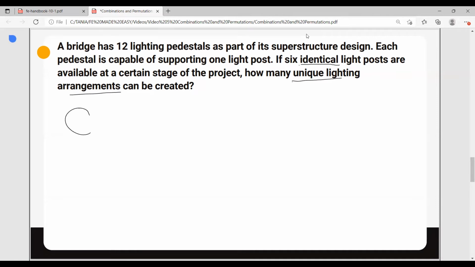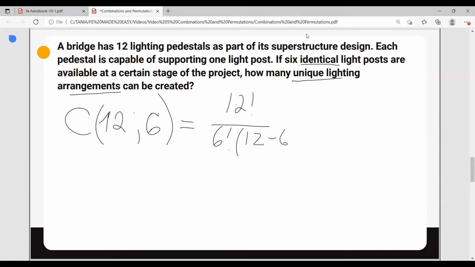The answer, it's still combinations of 12. We have six posts and the answer will be 12 factorial over 6 factorial, 12 minus 6, and then you do the calcs.